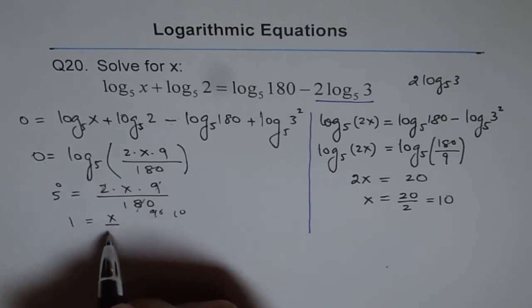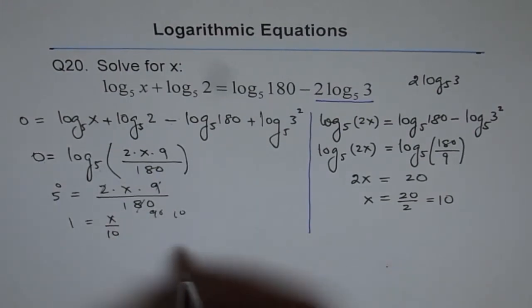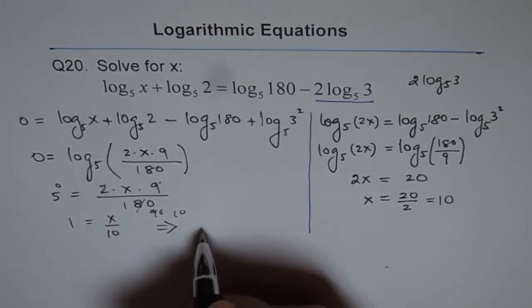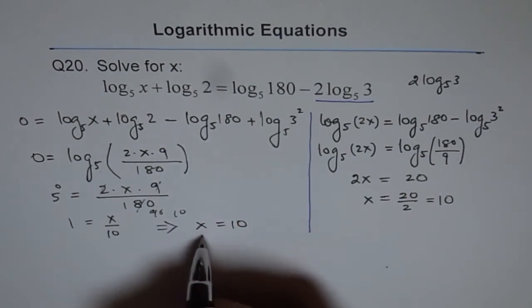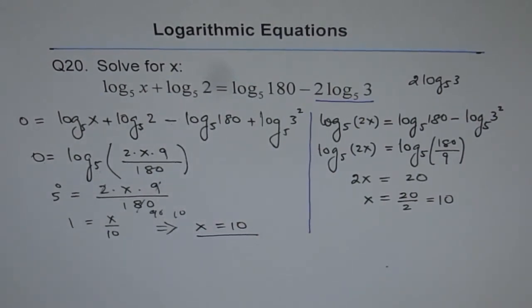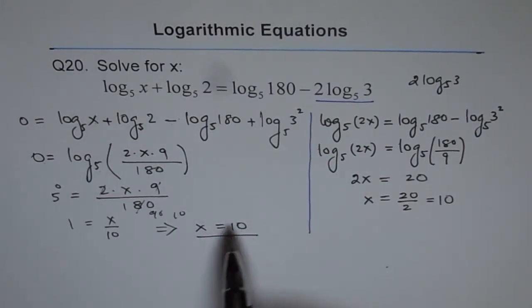So here we get x over 10, and therefore x is equal to 10, our solution, right? So both ways we get the same solution. And 10 is valid. When we put 10 here, then no harm is done to the equation. It is within the domain of the equation. So that is how we are going to solve this.